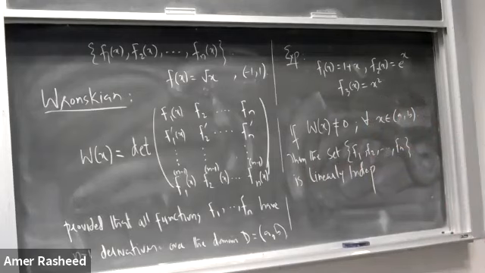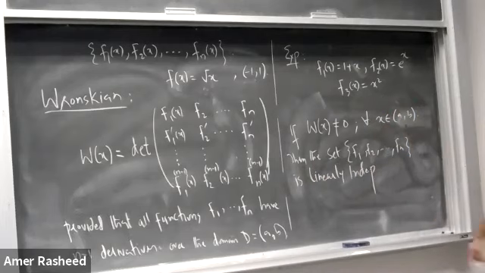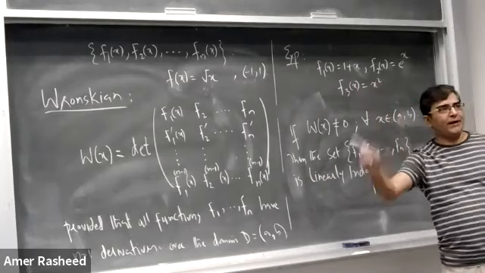If the Wronskian is not 0 for any value of x within the domain, then the given set is linearly independent.